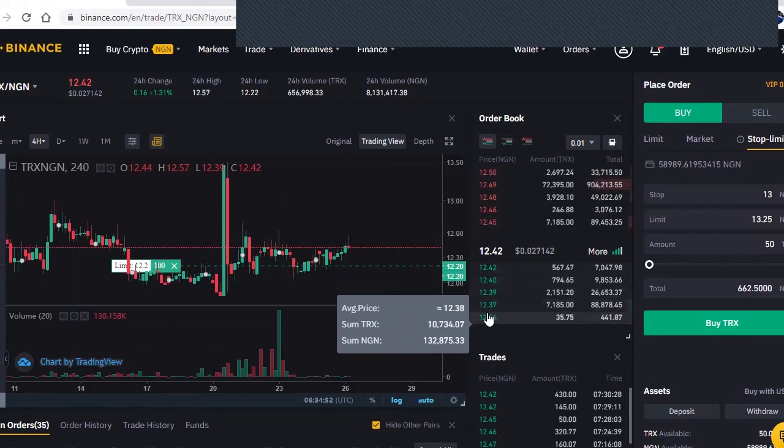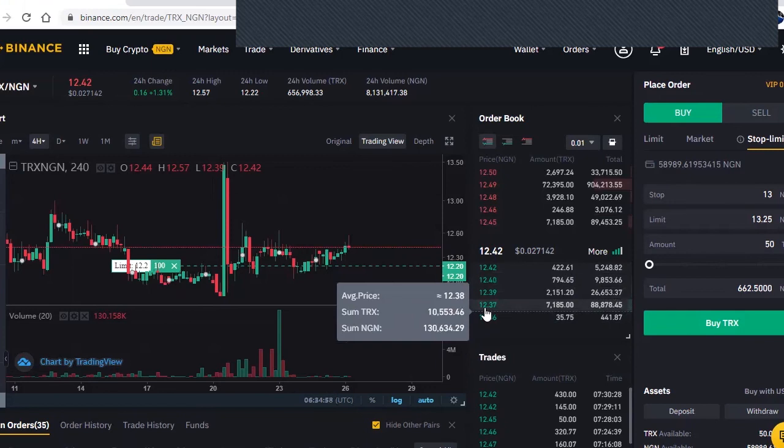We have people that are willing to buy that. Some say, you know what? I'm not going to pay as high as that. I'm willing to only buy at this price, 12.37. We have about 7,185, which is the total amount of naira.